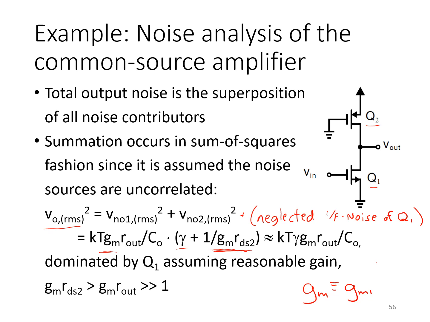Whereas the thermal noise at the output due to Q1 is proportional, its power spectral density is proportional, to GM1. So writing the expression out in this way highlights that the term due to Q1, which shows up as gamma there, is very likely to be larger than the term due to Q2 thermal noise.